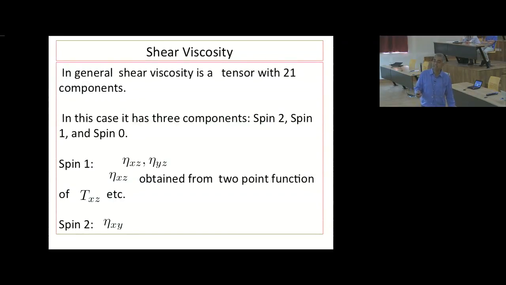What I mean by eta_xz is what you would obtain from the 2-point function response of the xz component of the stress energy tensor, okay? And similarly for yz. The spin 2 component you would obtain from the Kubo formula involving T_xy, and I denote it by eta_xy.